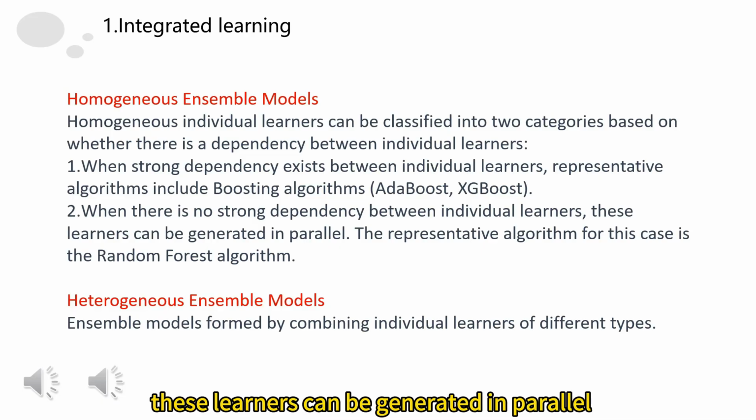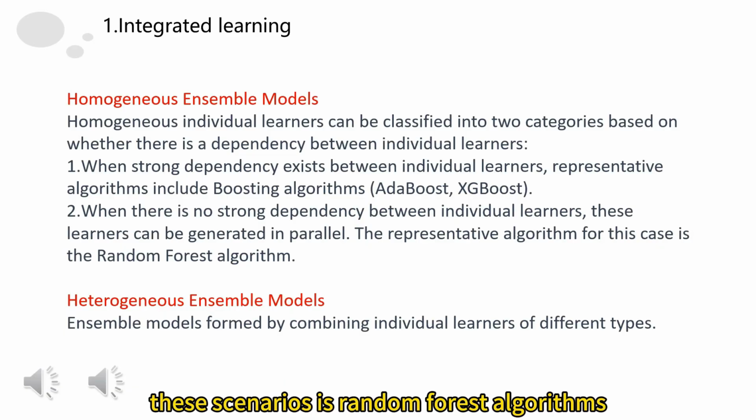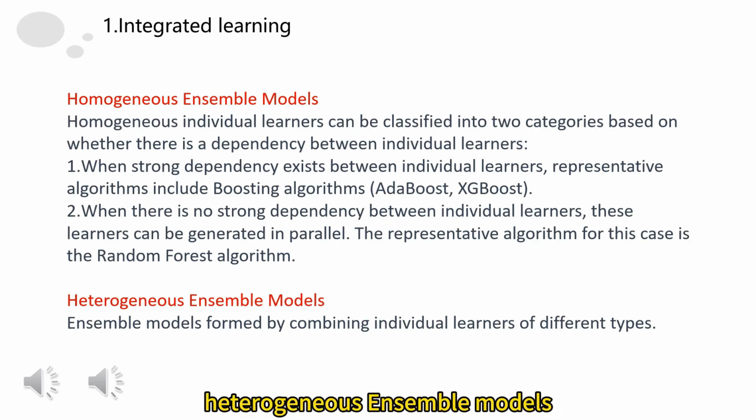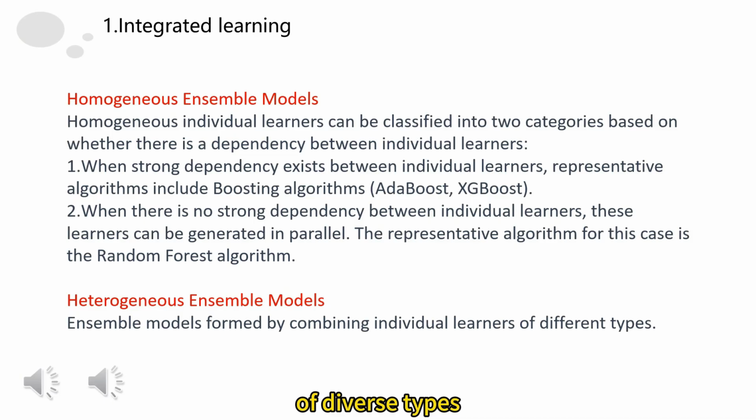These learners can be generated in parallel. The representative algorithm for this scenario is the random forest algorithm. Then there are heterogeneous ensemble models, which are created by combining individual learners of diverse types.